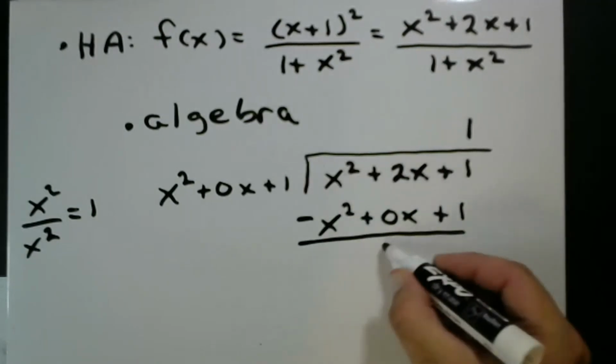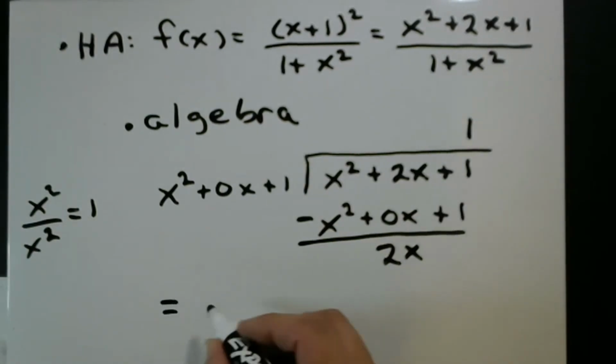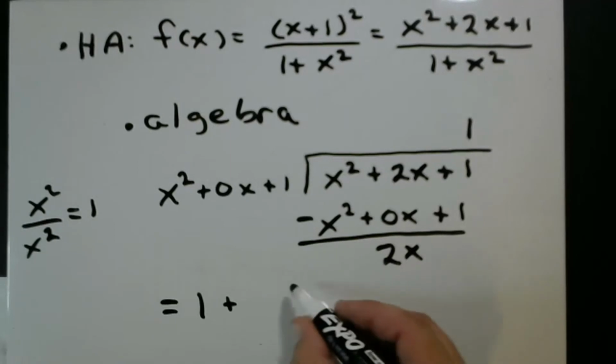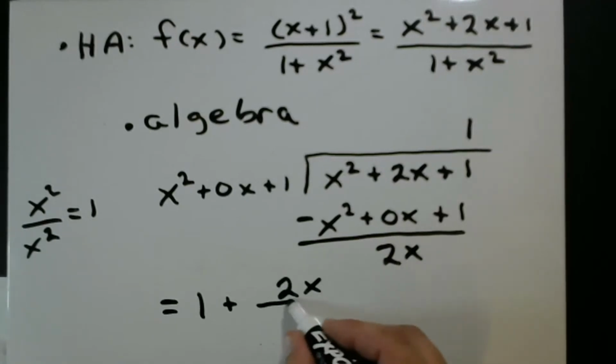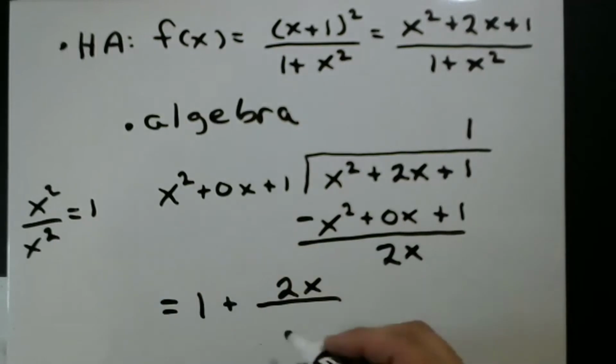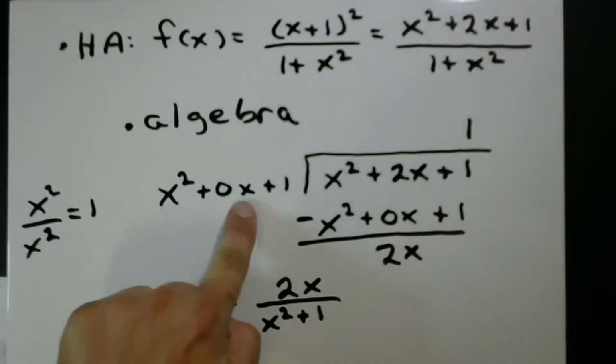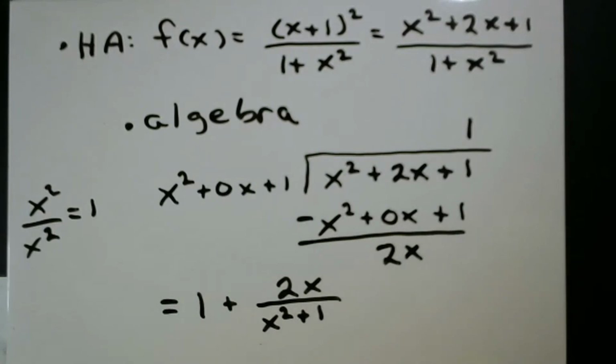We subtract, we'll get 2x. And that's it. That's going to be our remainder. So the answer is 1 plus 2x over this. I'm going to leave out the 0x. I'm just going to say x squared plus 1, because 0 times x is just 0.